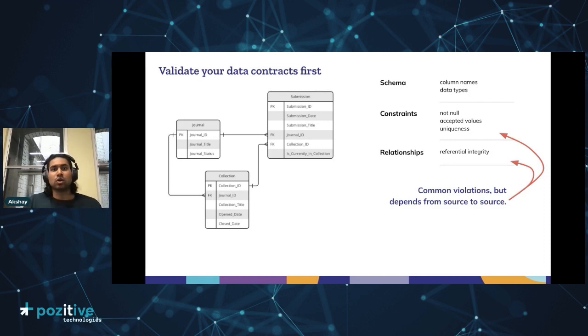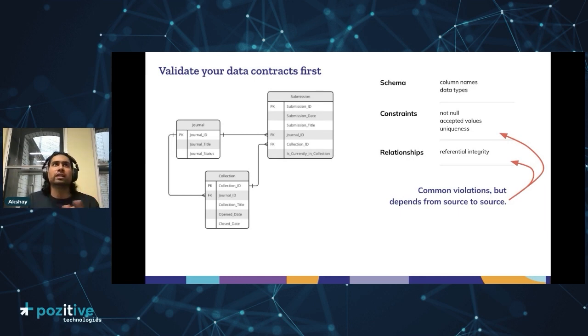So what we noticed in this particular business, because these systems were older, there were cases where some of the constraints of the relationships were just not enforced in the source systems themselves. So we had quite a lot of violations in the constraints and relationships. So what I'm trying to say here is when you're about to start building your validation or your tests, try to focus on areas where you think you'll have most of your violations.